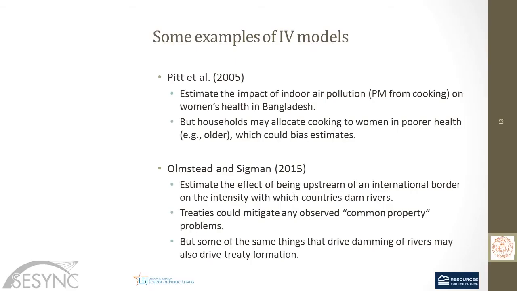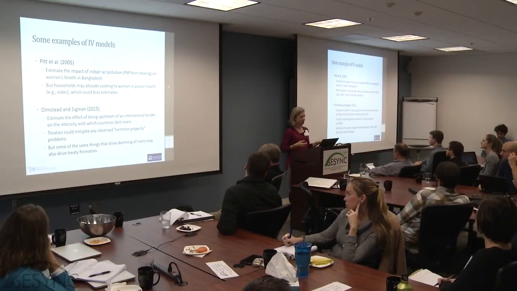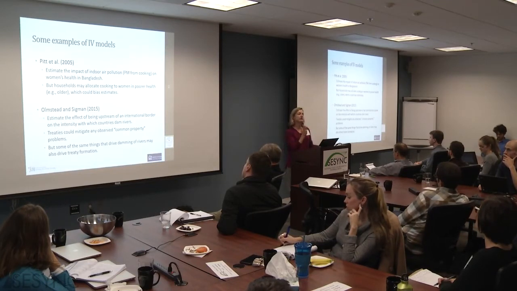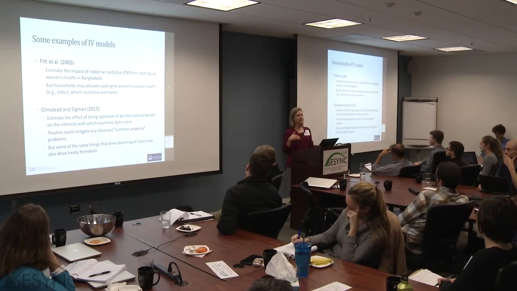Another could be that something that drives both dams and treaties is not in my model. So I might have to worry about that. There, what we do is look at what drives treaties that has nothing necessarily to do with water allocation in a river. It could be things like my underlying propensity to cooperate with other countries.